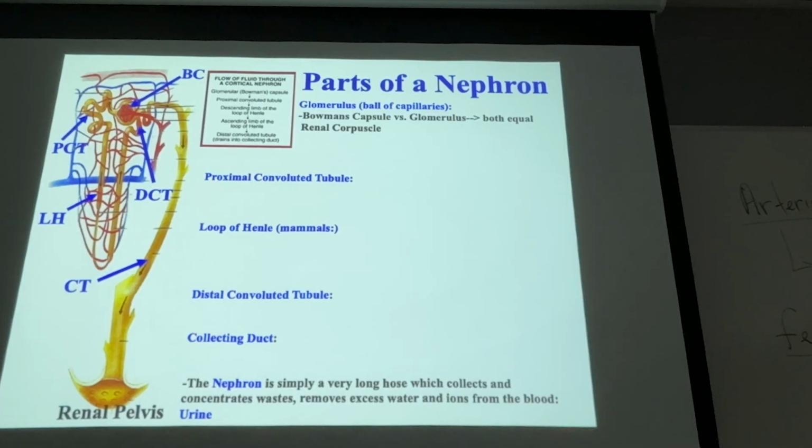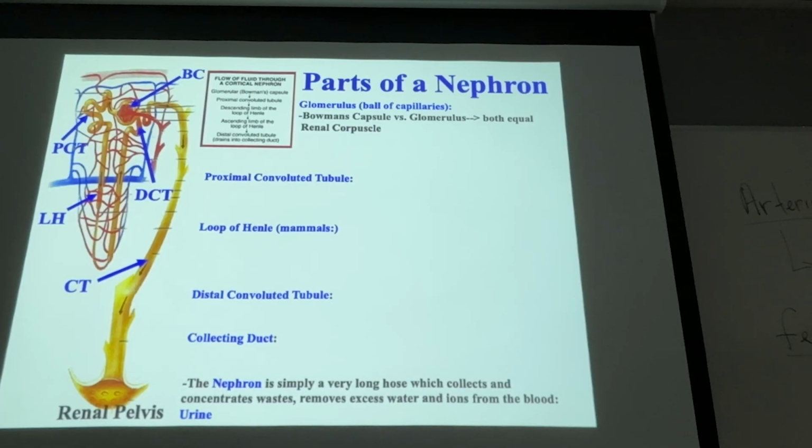Bowman's capsule is double layered, there are two layers to it. And then the glomerulus, which is the ball of capillaries. Both make up the renal corpuscle. Then the PCT, loop of Henle, and DCT are the renal tubule, and the collecting duct makes up the rest of the uninephros tubule.